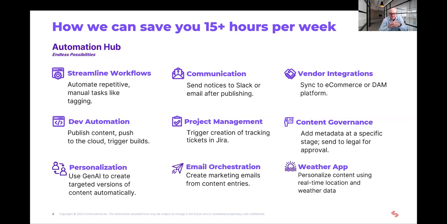For certain industries, maybe utilities, a weather app would be a fantastic addition to a core website. I'll point out that this can be used for both business side and author side. It could also be used on the dev side for builds and triggers.